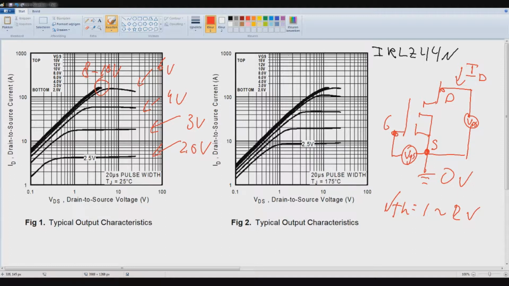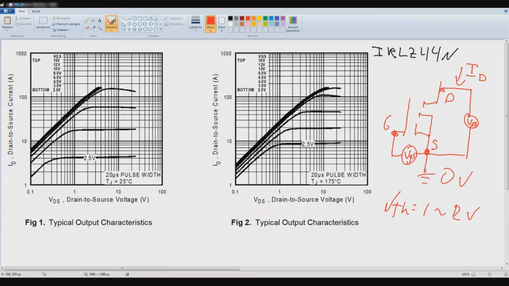As you can see, it delivers almost the same results at 8 volts as it does at 15 volts gate voltage. That's interesting to know when you're using, for example, 12 volts as your maximum input voltage, that you don't need 15 volts, because 12 volts is very close to 15 volts.